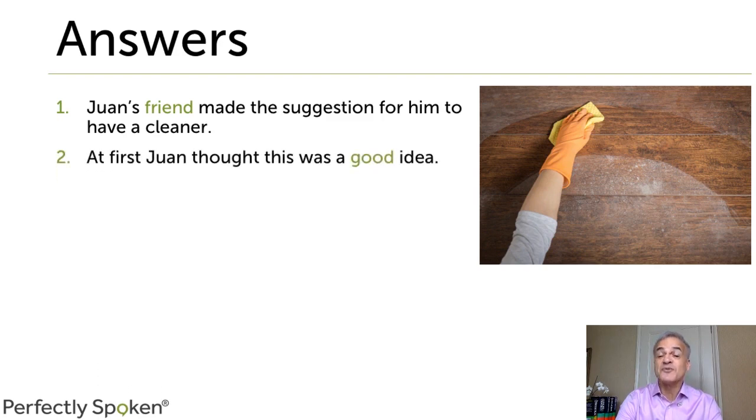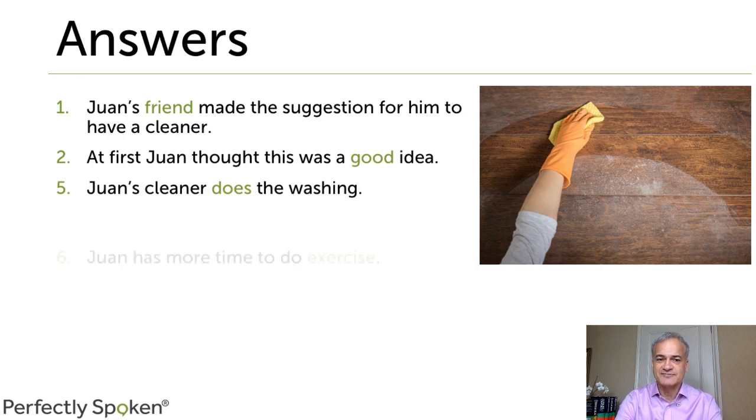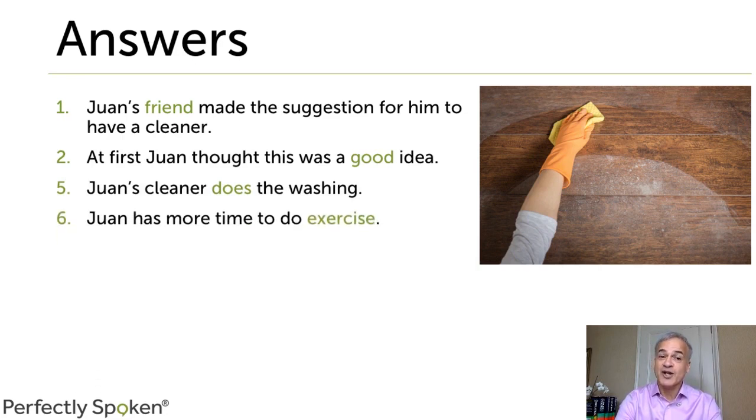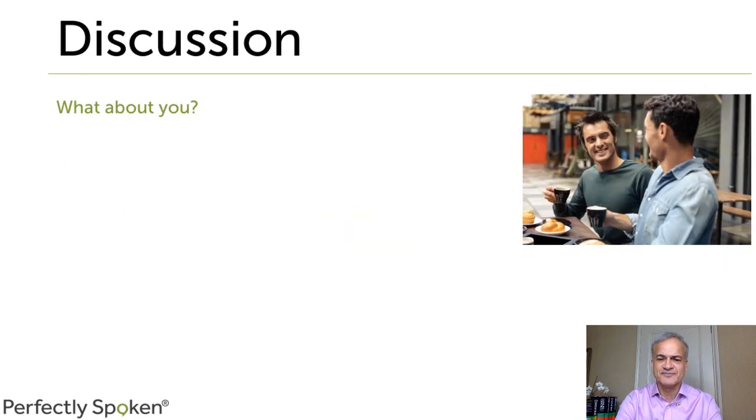At first, Juan thought this was a good idea. Juan's cleaner does the washing. And Juan has more time to do exercise, not to do business. And yes, Juan thinks he made the right decision, not the wrong decision.